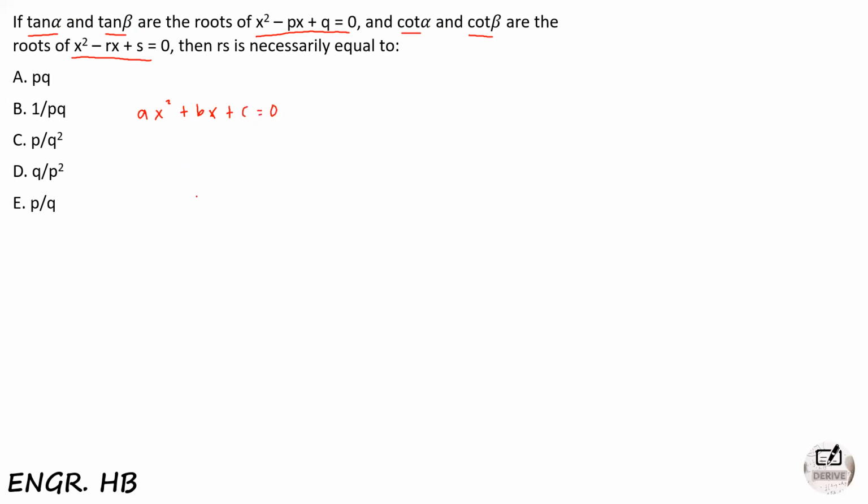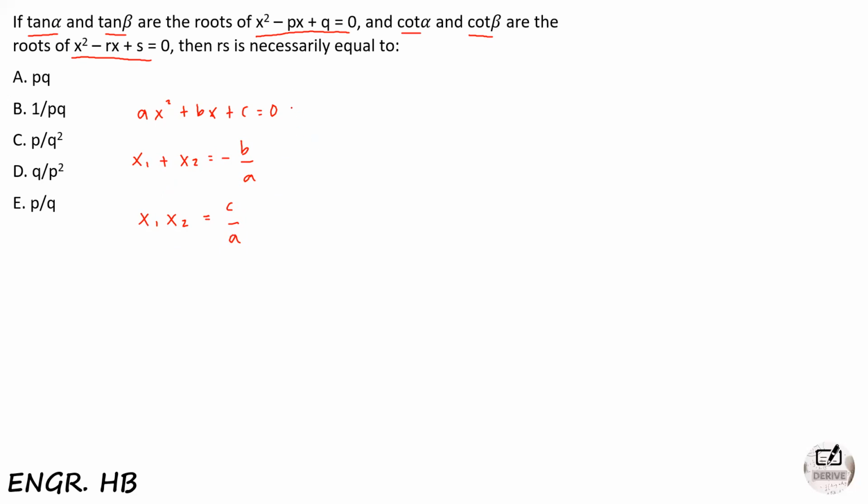The relationship of the roots is the sum and product of the roots. x1 plus x2, the two roots, is equal to negative b over a. Just take the value of b and a and multiply by negative. That is the sum of the roots. Then x1 times x2, the product of the roots, is equal to c over a. Take the value of c and the value of a, and that will be your product.